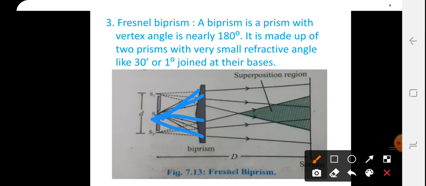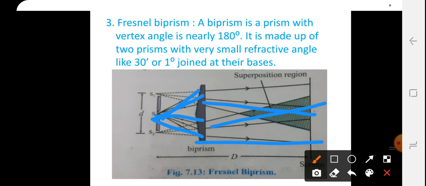The light is refracted, and the two halves of the biprism form virtual images S1 and S2, which are coherent sources obtained from a single secondary source S.